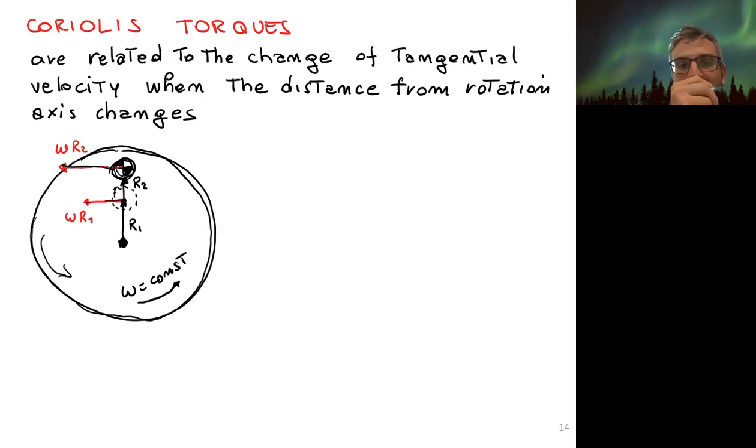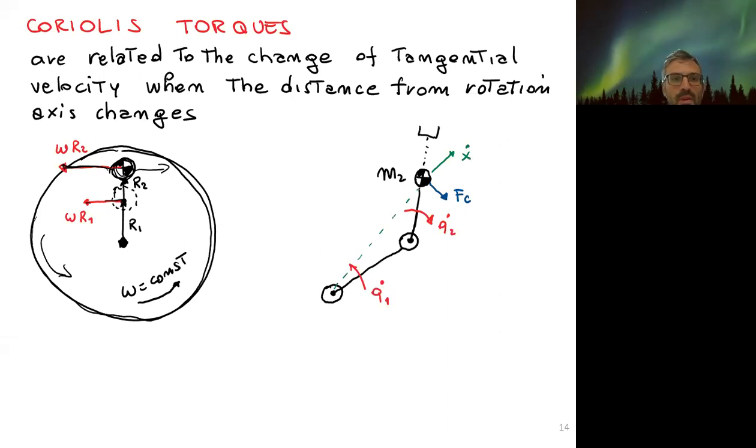Since there is really not something that does this acceleration, whatever you feel is a fictitious force, a Coriolis force, that adjusts the things. So it accelerates in the other direction. So whenever you move out from your axis of rotation in a merry-go-round, you feel like something that lets you fall on one side.